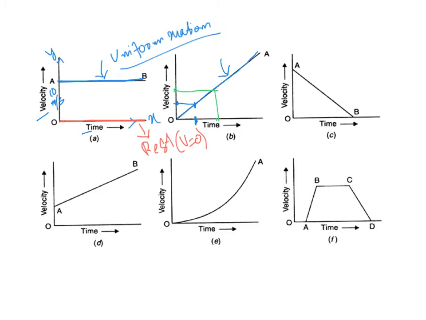So it's a non-uniform motion. Non-uniform motion means Monday one dress, Tuesday another dress in school. The velocity is changing.